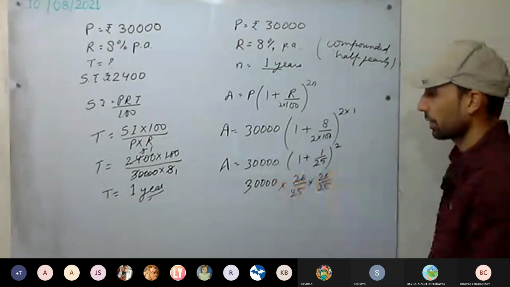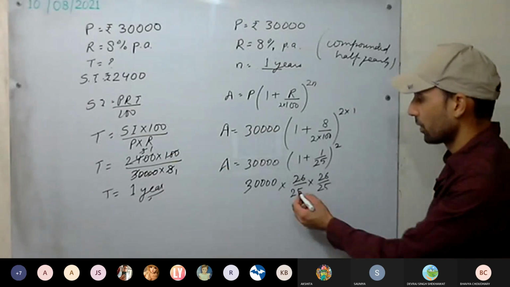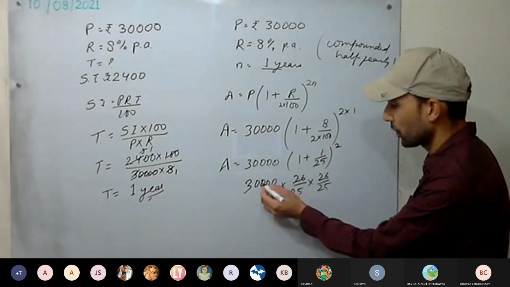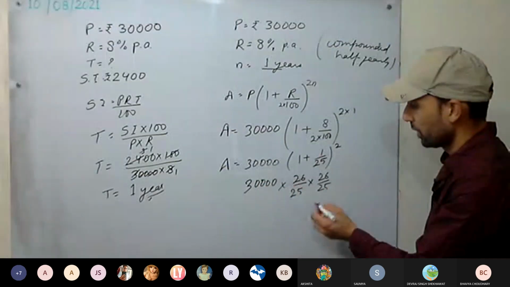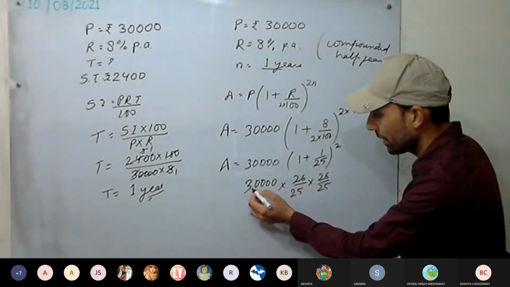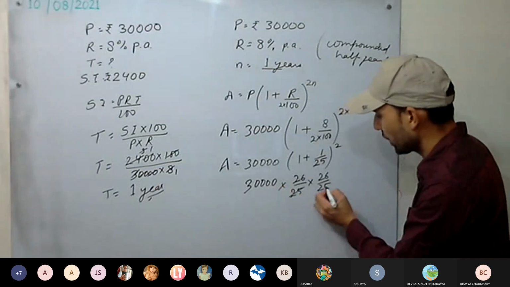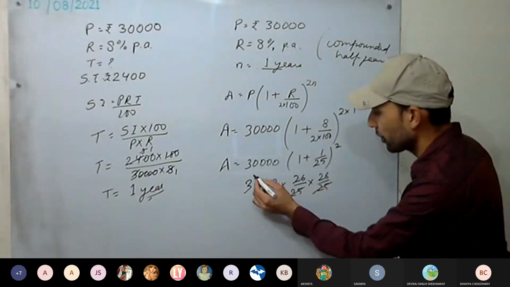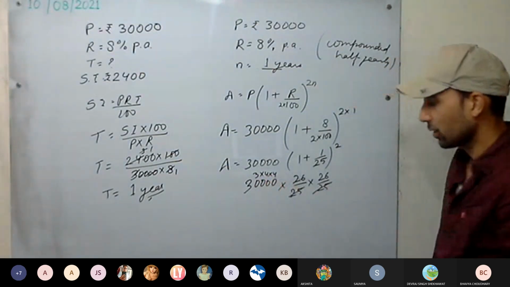Now solve them. How much will it be? 25, 25, 25... so if we write it like this, 3 into 100 into 100, and 25, 25 cancel. It will be 3 into 4 into 4. Something like this you will get.